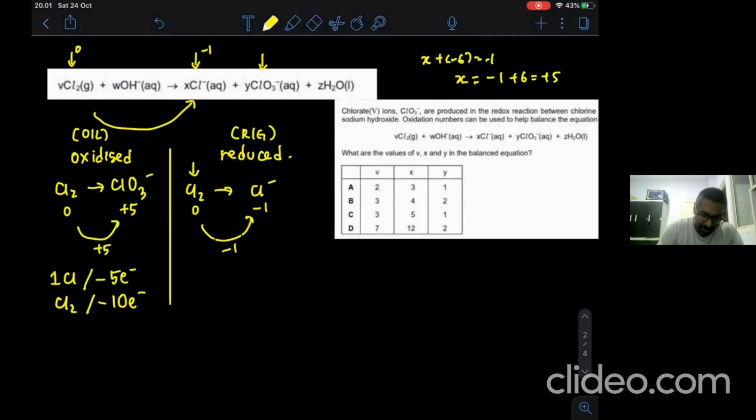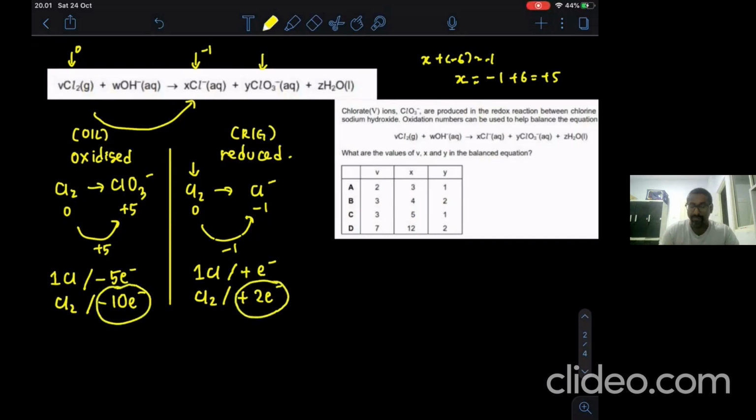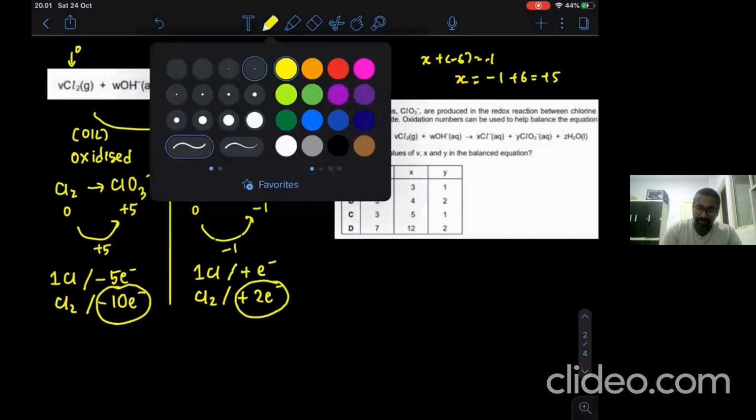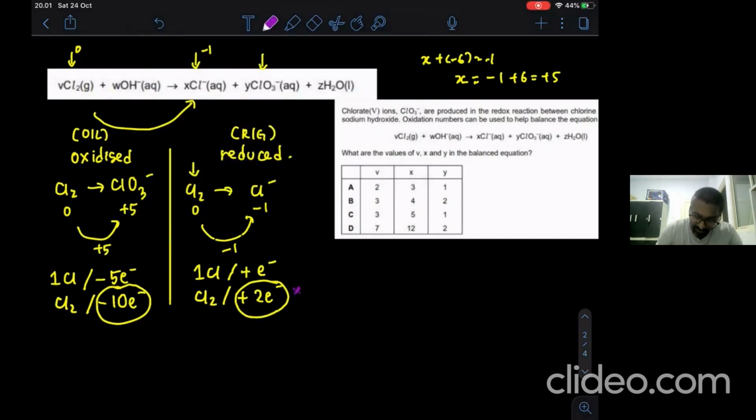For reduction, which is gain of electrons, every 1 mole of Cl will gain 1 electron, as it goes to -1. But since we have Cl2, instead of 1 electron, they are going to gain 2 electrons. Now we need to find the lowest common multiple between 10 and 2. Because we need to eliminate the electrons, I will use the lowest common multiple, which is going to be 10.